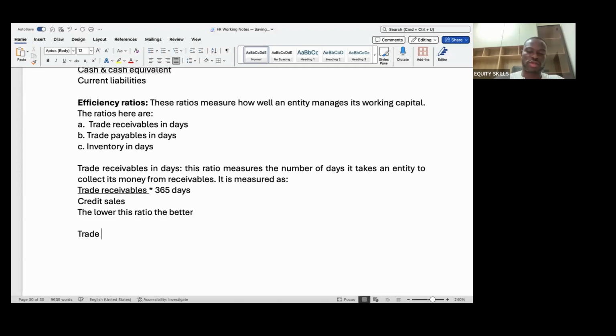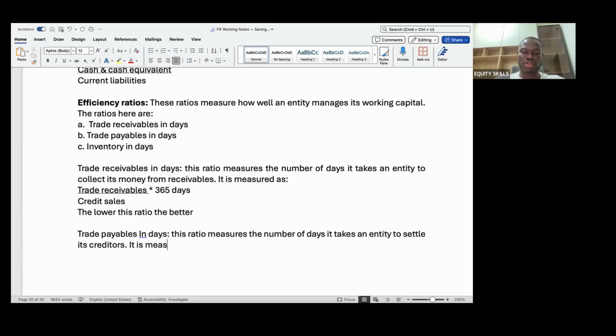The second one is your trade payables in days. And this ratio measures the number of days it takes an entity to settle its creditors.